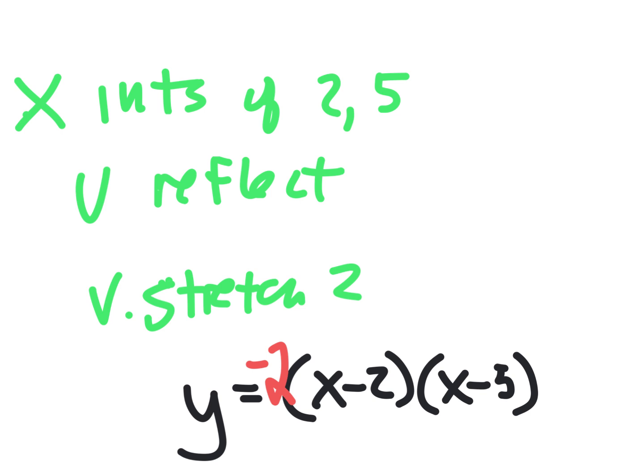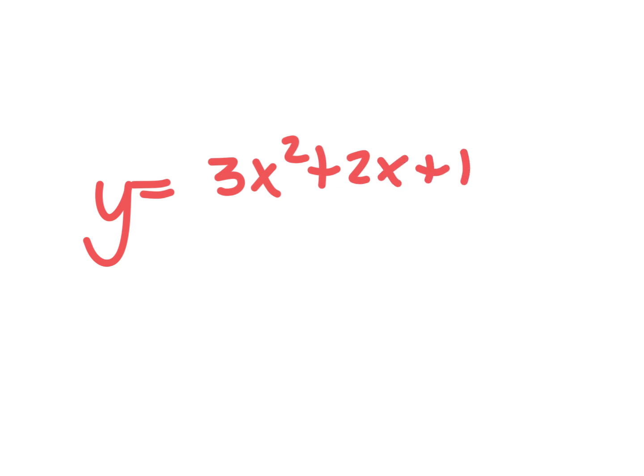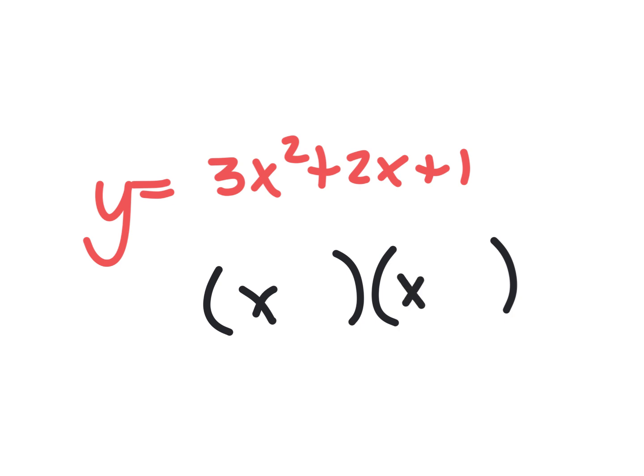All right. Can you factor this? Factoring's a little harder this time. This time you can start with x and x, but then you got to be smart enough to know that that wouldn't work, right?